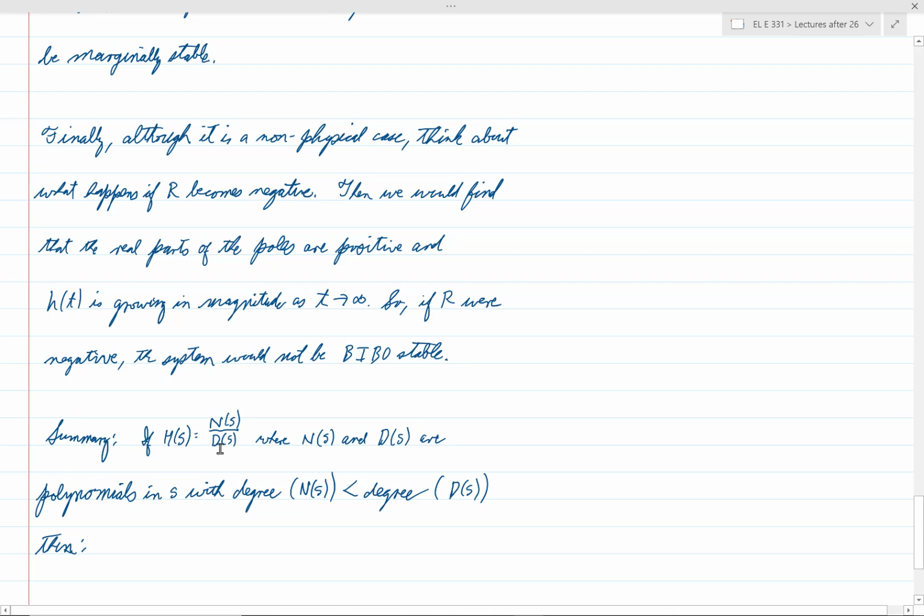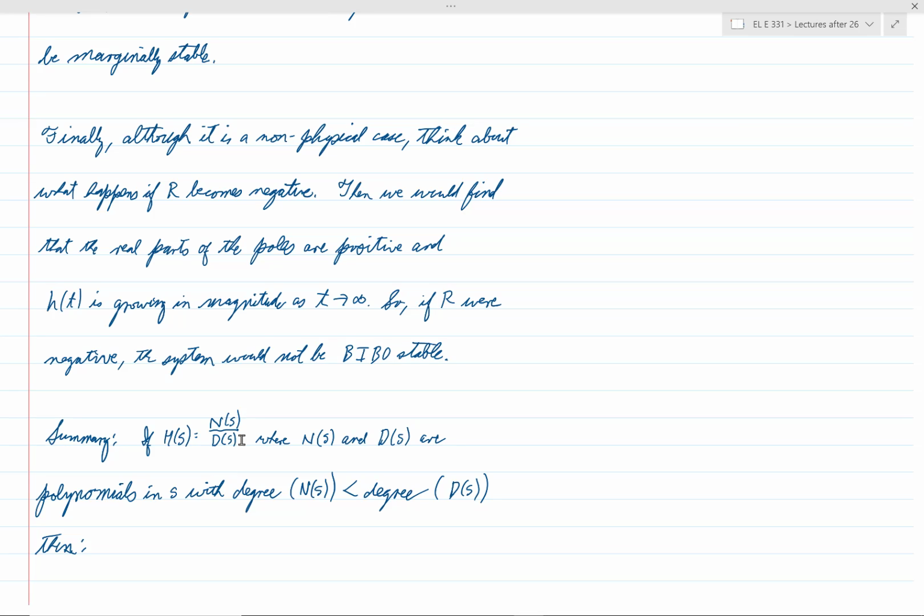Suppose that we have a transfer function written in this form: H(s) equals N(s) divided by D(s), where N(s) and D(s) are polynomials in s, and the degree of the numerator is strictly less than the degree of the denominator. Then the poles of the transfer function are simply the zeros of D(s). In other words, it's the values of s for which the denominator will go to 0.